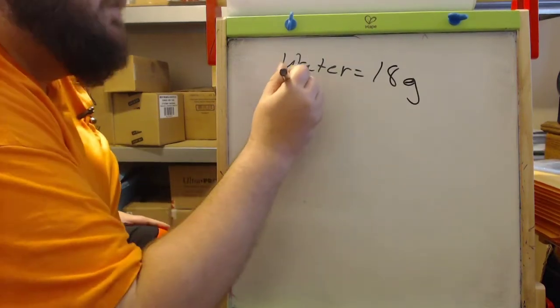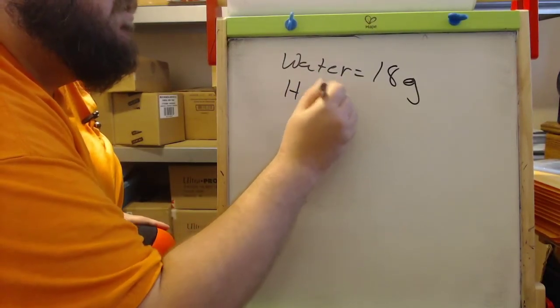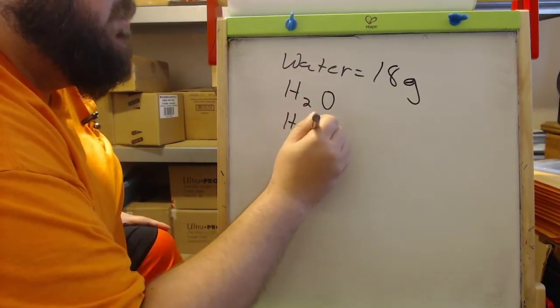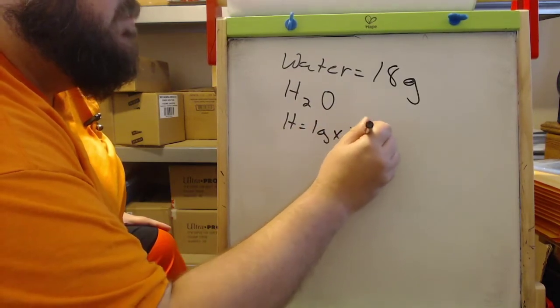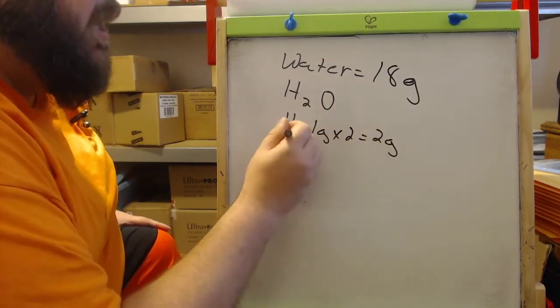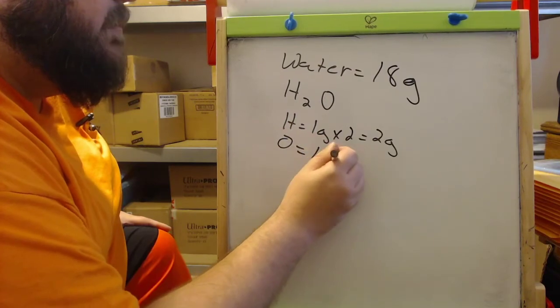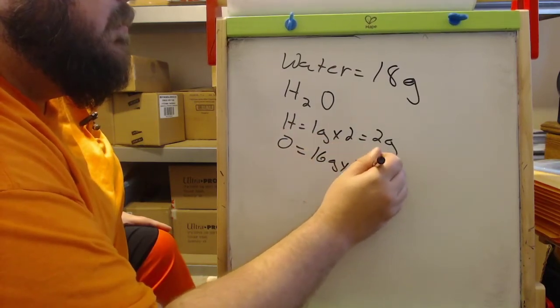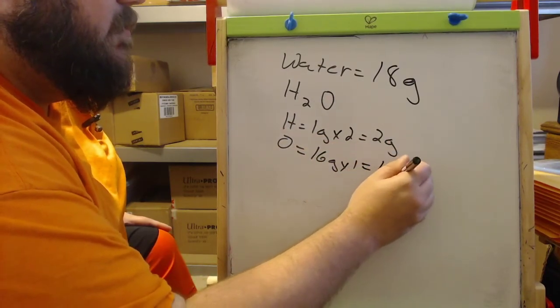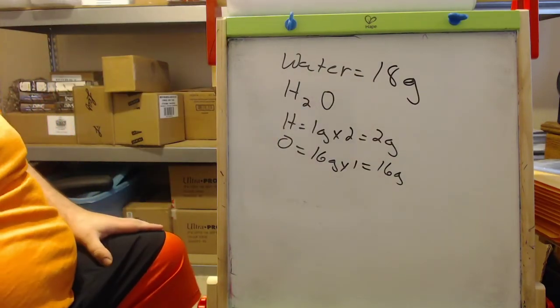Okay? Water's H2O. Hydrogen is 1 gram, and we have 2 of them, so 2 grams total. Oxygen is 16 grams, and we got 1 of those, so 16 grams due to oxygen, and that's where my 18 grams comes from.